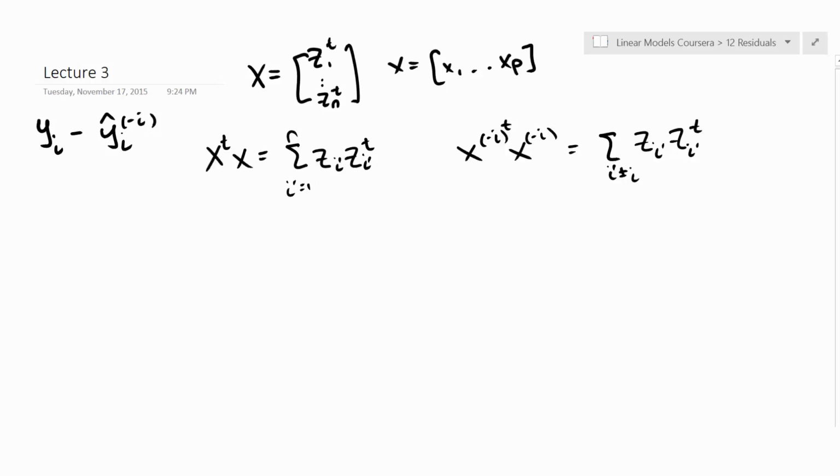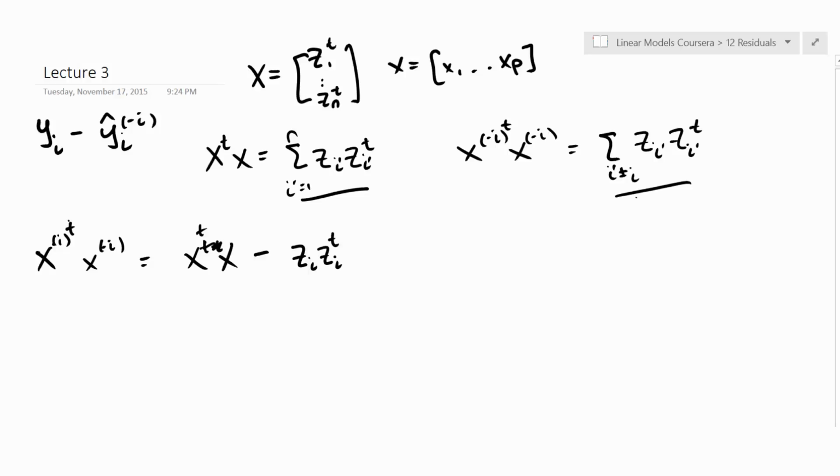So I can write my X transpose X matrix with the ith data point deleted as X transpose X minus zi zi transpose. Simply because X transpose X is the sum over all of them, and X transpose X minus the ith data point is just the sum minus that extra data point.